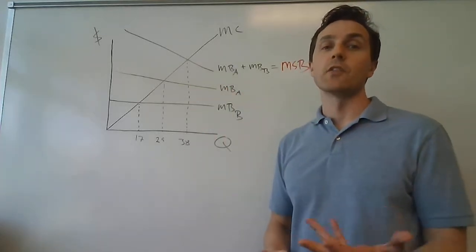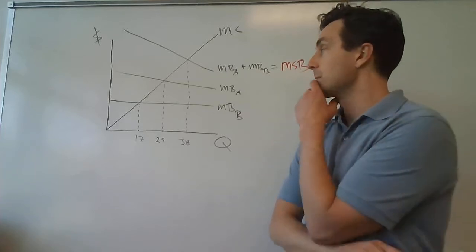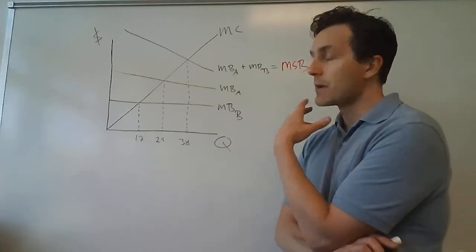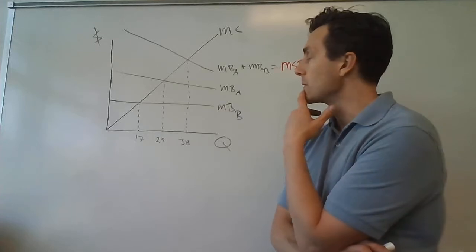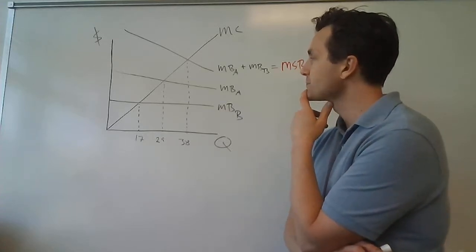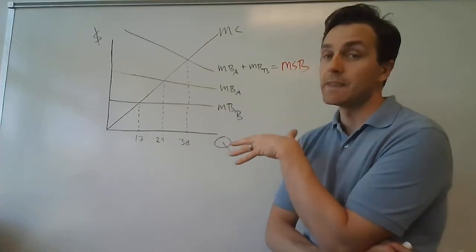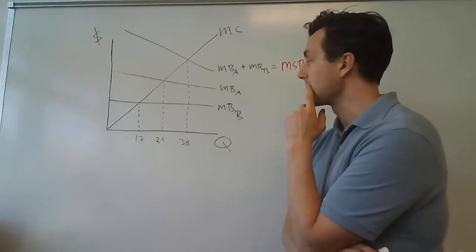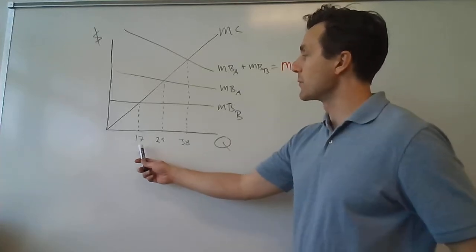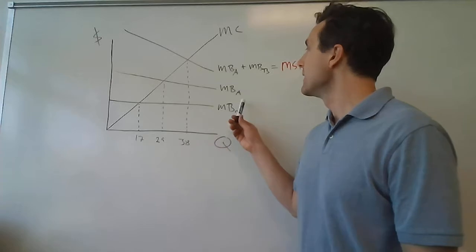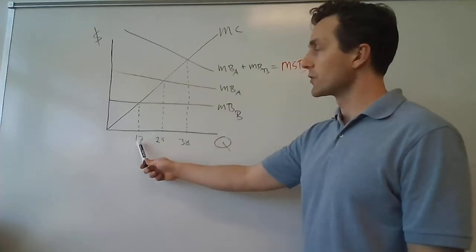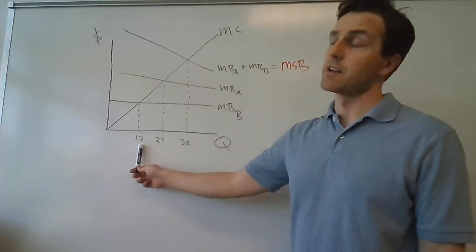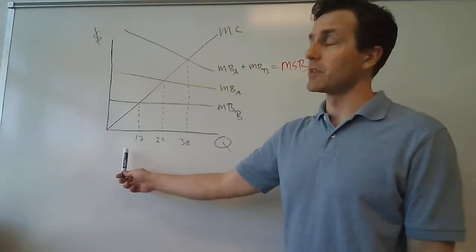And so they would stop there. They would only buy 29 units between them. You wouldn't add it up as 17 plus 29, because person A is enjoying those first 17 units that person B might have bought. Person A might have bought some of those units as well.